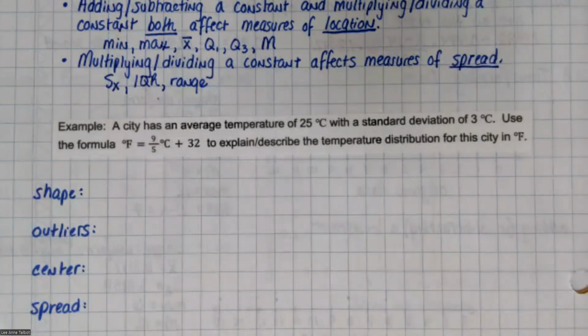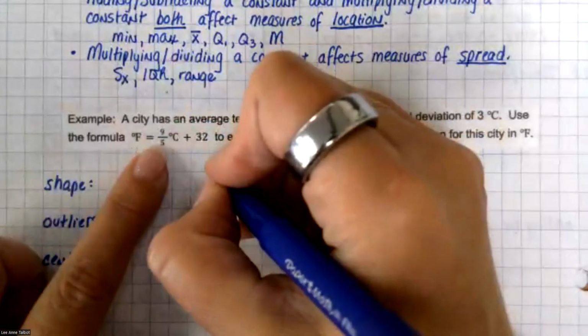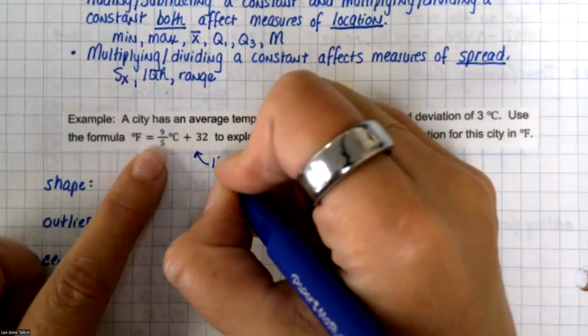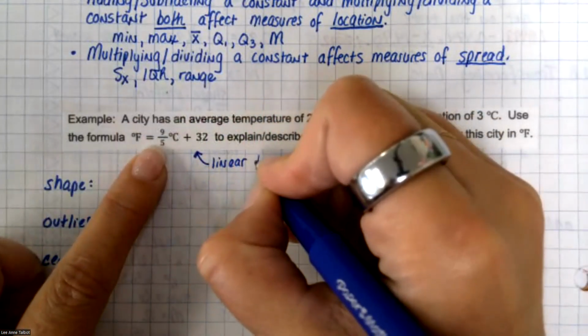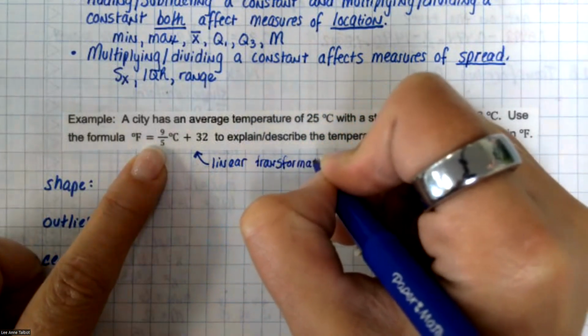Okay, so we're going to apply what we learned to an example. This is my favorite, the Fahrenheit to Celsius formula. This is very important. It's called a linear transformation.